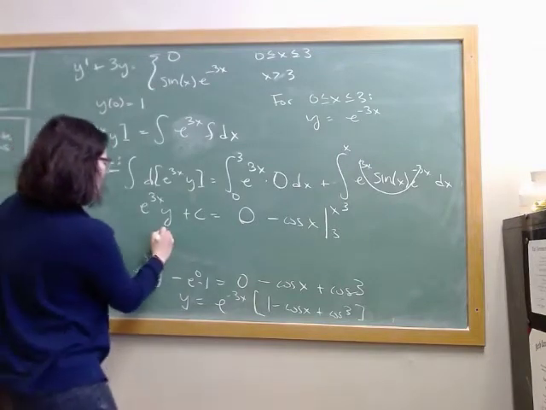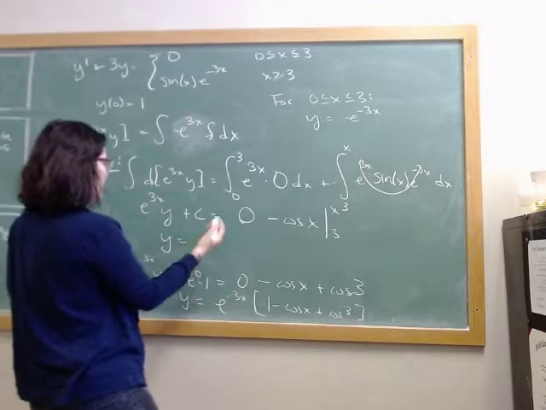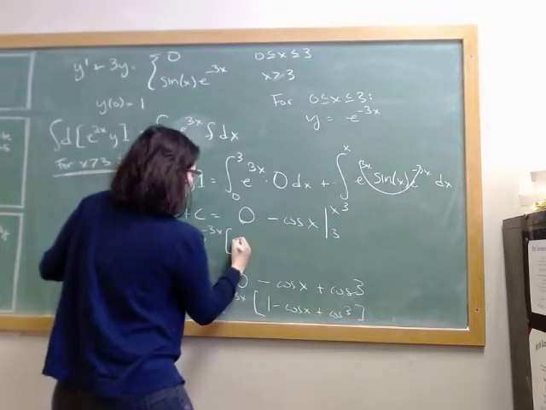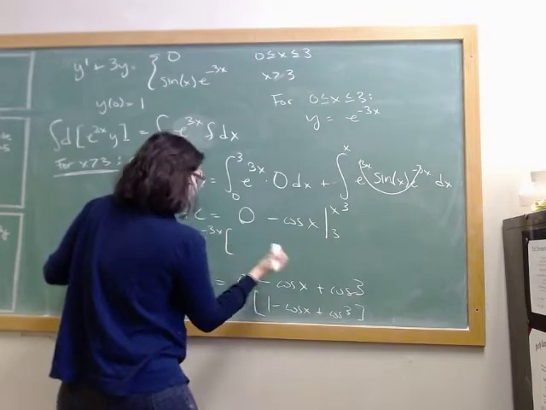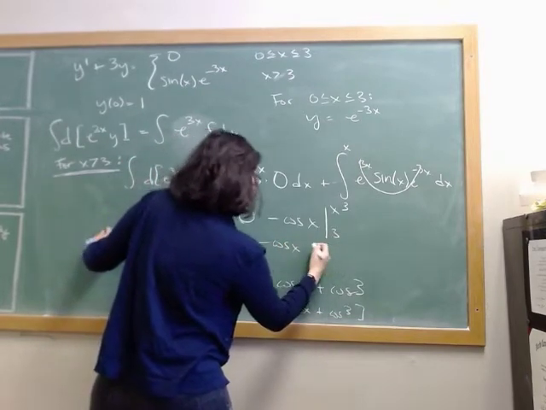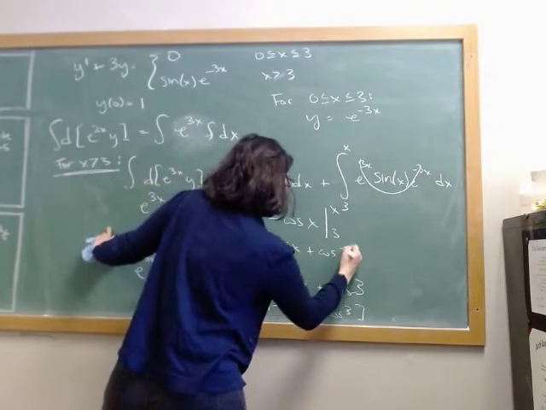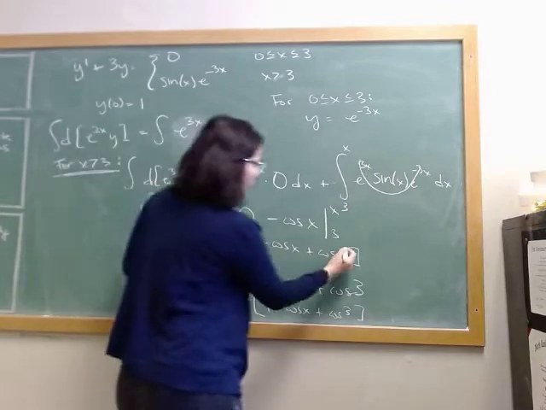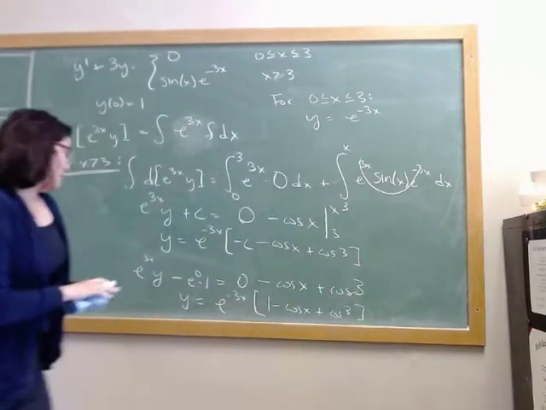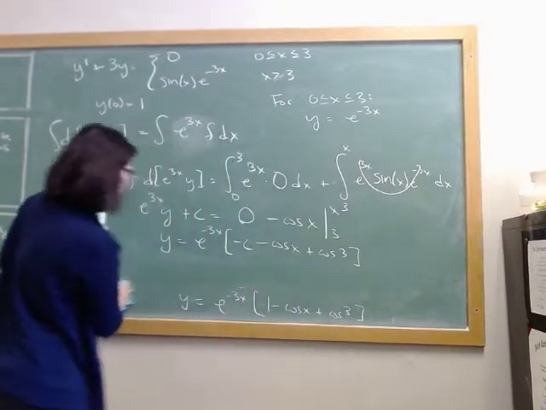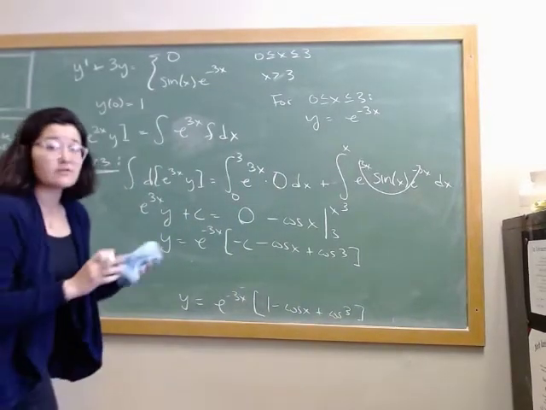So, proceeding from here, I would go ahead and say, okay, so y must be e to the minus 3x times some constant minus cosine x plus cosine 3. And there's going to be a temptation when you get to this point to say, let me erase this, that's a little bit more room, okay, I know how to solve for unknown constants.